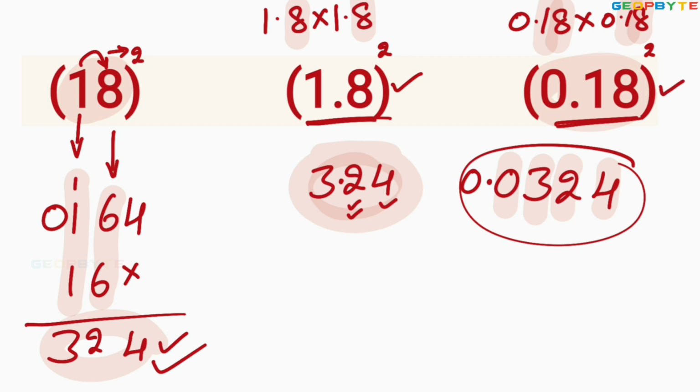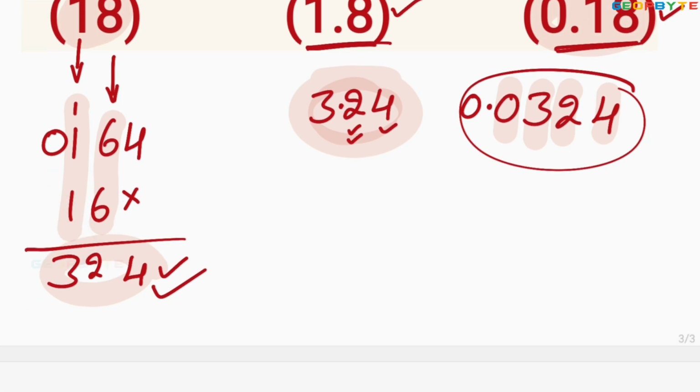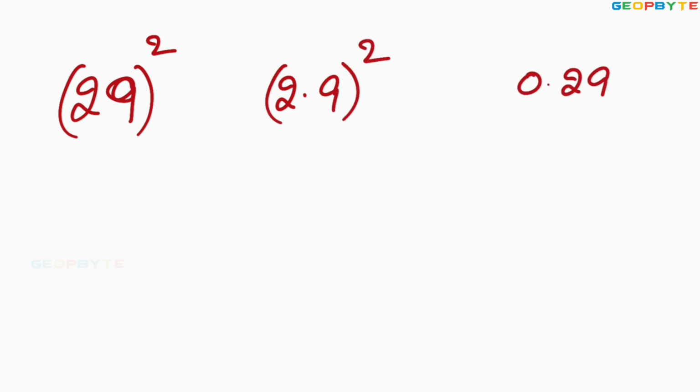I hope all of you clearly understood. Shall I give some practice problems for you? Yes, let me give some practice problems. You please try to practice these problems, my dear friends. 29 whole square, 2.9 whole square, 0.29 whole square.